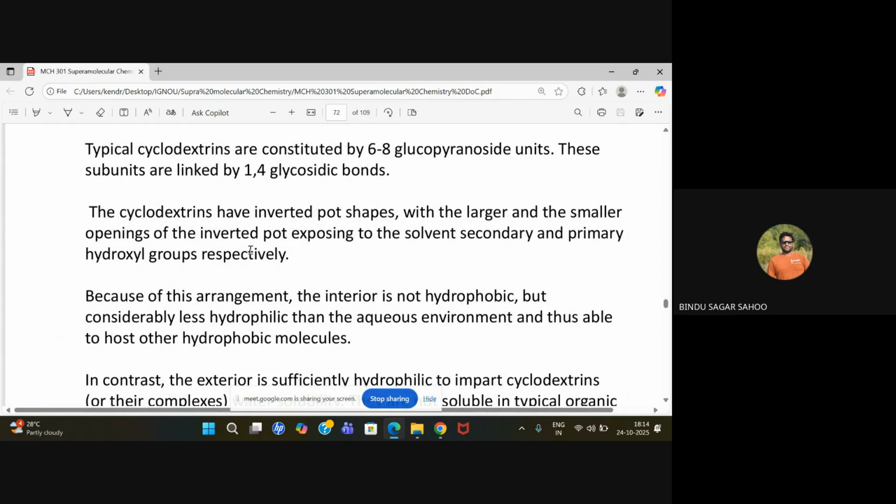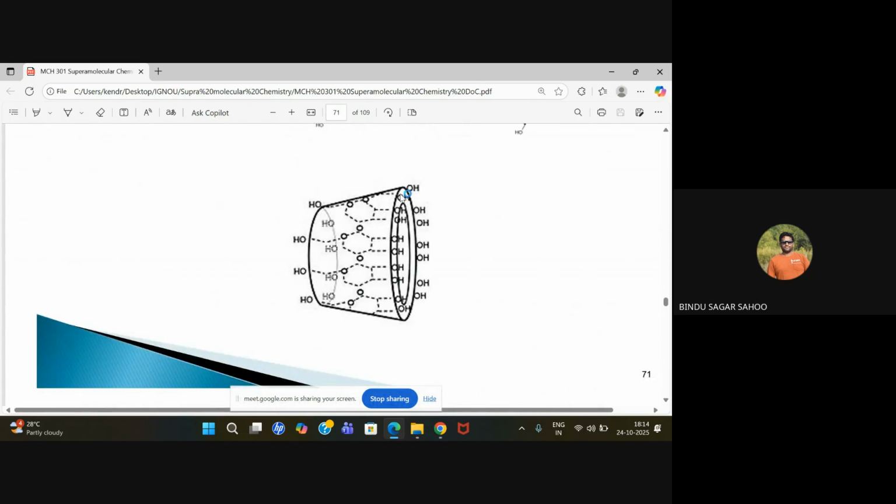Because of this arrangement, the interior is not hydrophobic, but considerably less hydrophilic than the aqueous environment, and thus able to host other hydrophobic molecules. So here one can say the outer part has the OH groups present, so the outer part is no doubt hydrophilic.